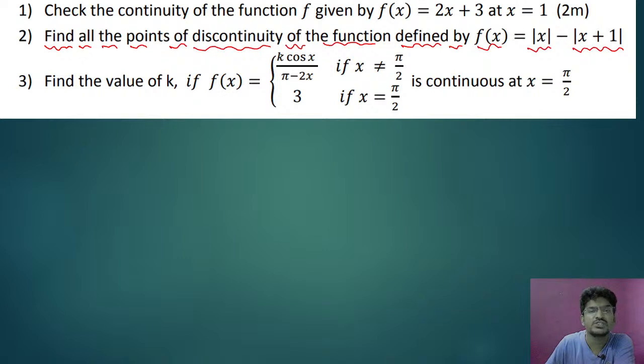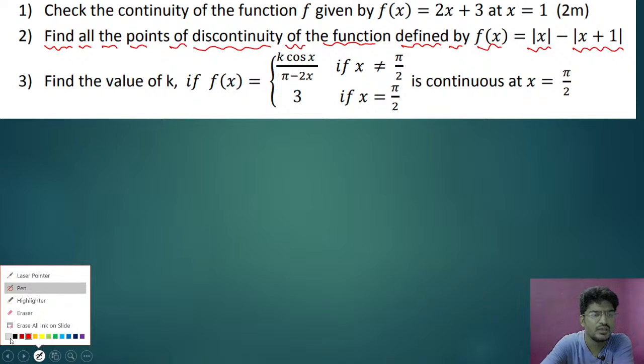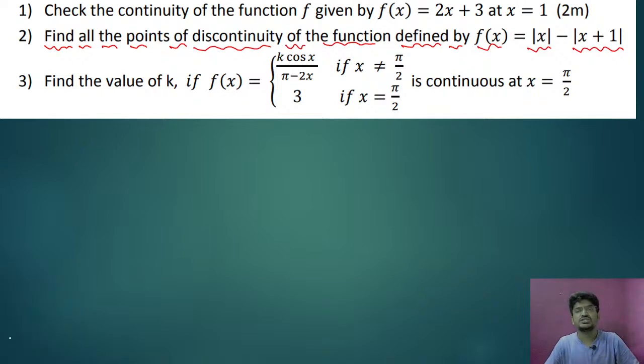For this you can just see, everyone knows the mod x function is a continuous function. So therefore mod x will be continuous. So for that you just write f of x equal to mod x minus mod of x plus 1.